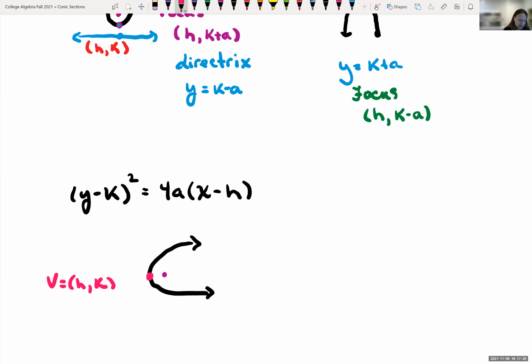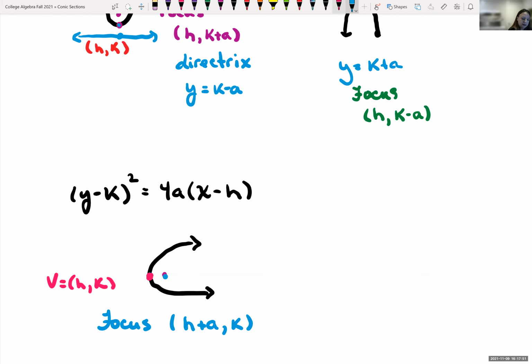And that distance is also a, and so to get to this focus, I'm going to have to add a to my x value of the vertex. So my focus in this case is at the point (h plus a, k).